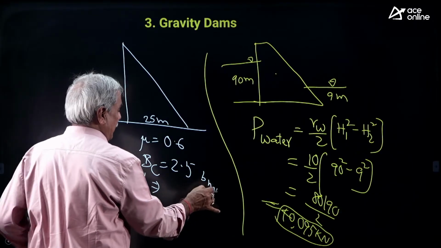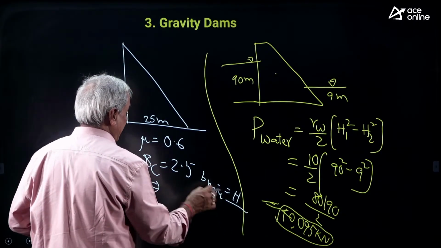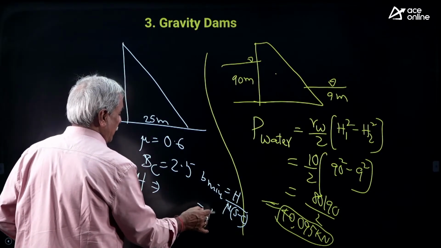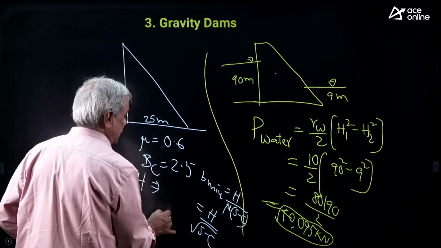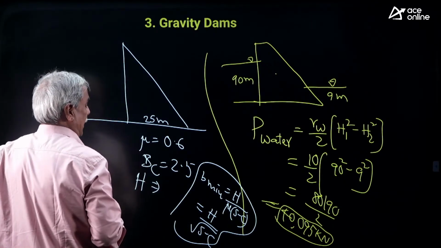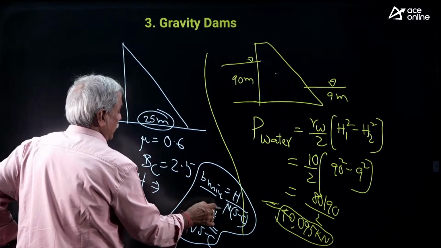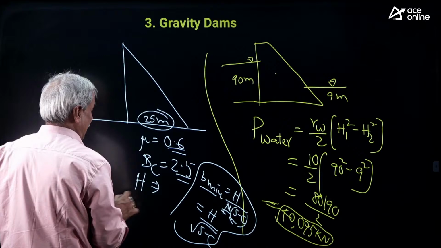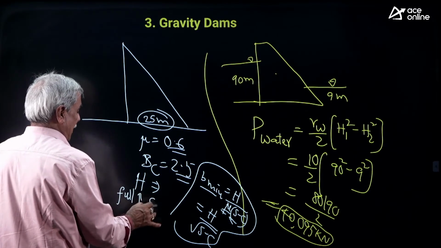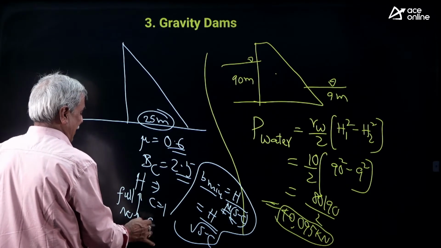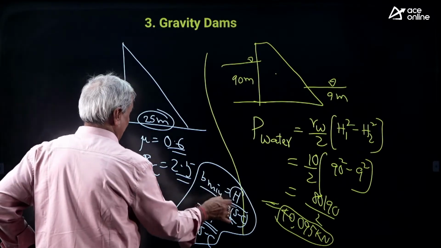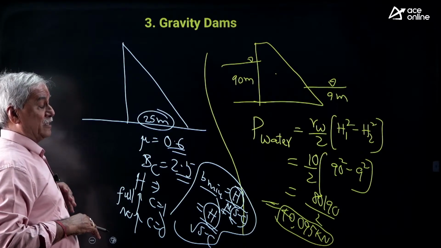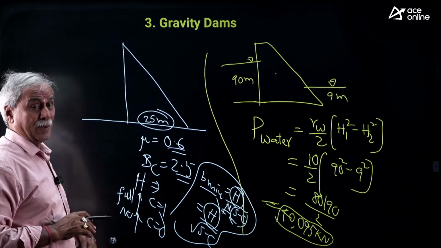I can get the formula B minimum is equal to H divided by root of S minus C. H is the height of the dam. B is given 25. Mu is given 0.6. S is given 2.5. If he says full uplift, C value 1; if he says no uplift, C value 0. You can calculate H1, H2. Whichever is the lesser height, that will be provided. More than that height should not be provided.